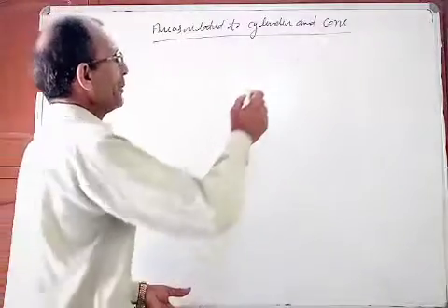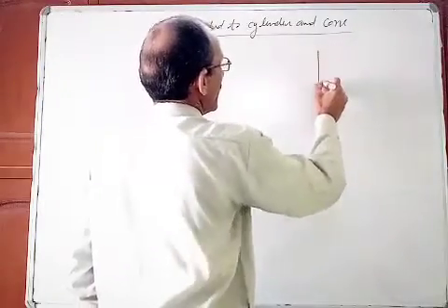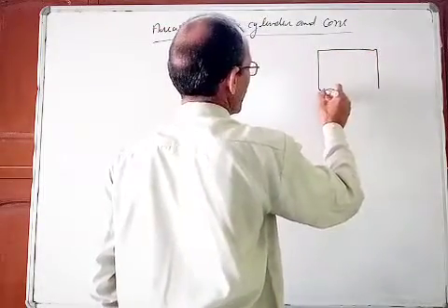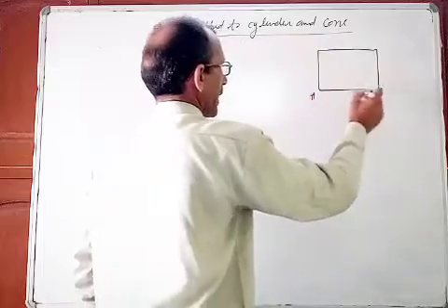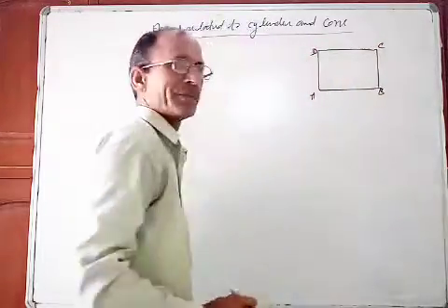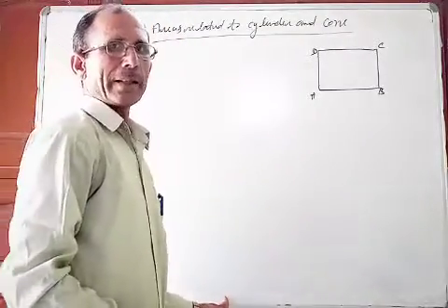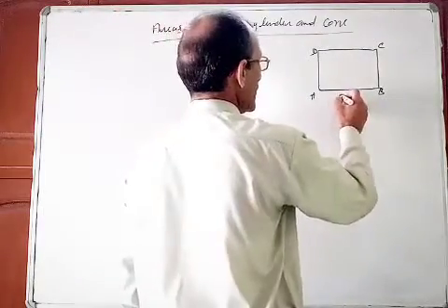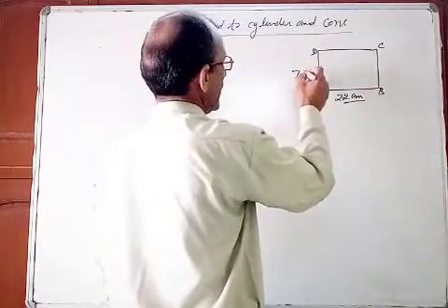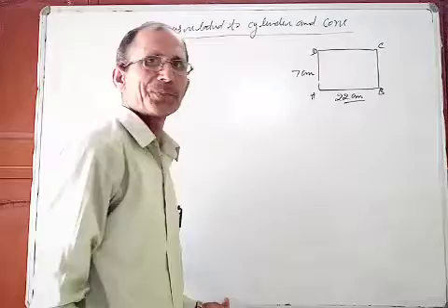First, try to know this rectangular sheet, A, B, C, D. This is a rectangular sheet whose length is 22 centimeter and breadth is 7 centimeter.